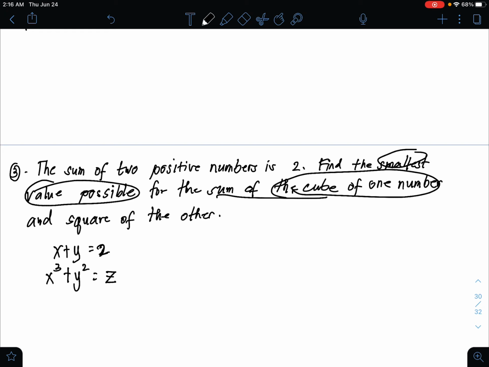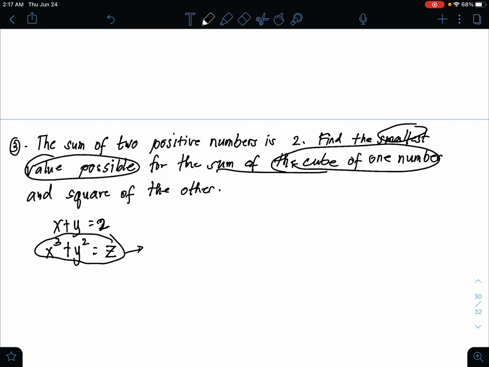So what we are looking for now is the smallest value possible for the sum, the smallest possible value of that number. So how are we going to get that? We are going to derive this.